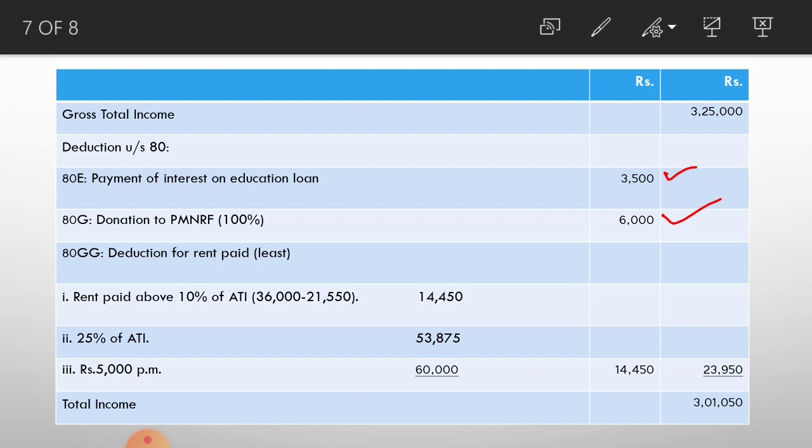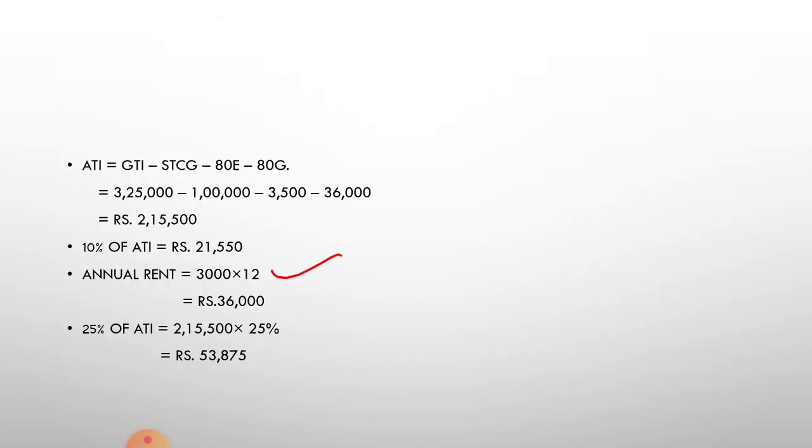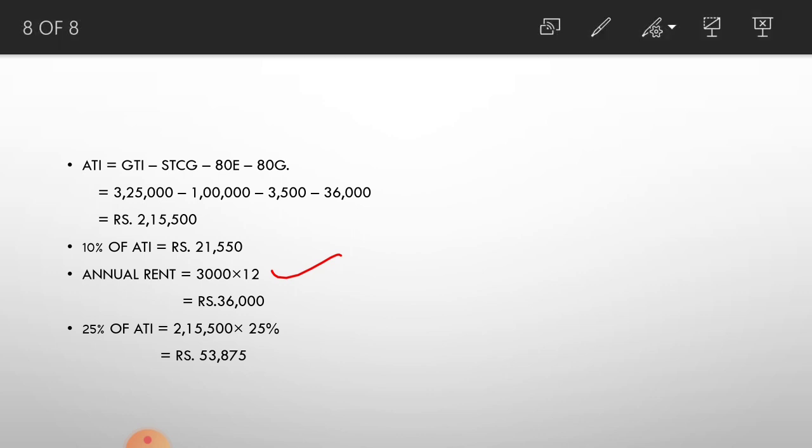Here ATI means adjusted total income is equal to gross total income minus short term capital gain minus deduction under section 80E minus 80G. Gross total income is 3,25,000. From that short term capital gain you have to deduct 1 lakh, and interest on education loan 3,500, and deduction under section 80G is 6,000.